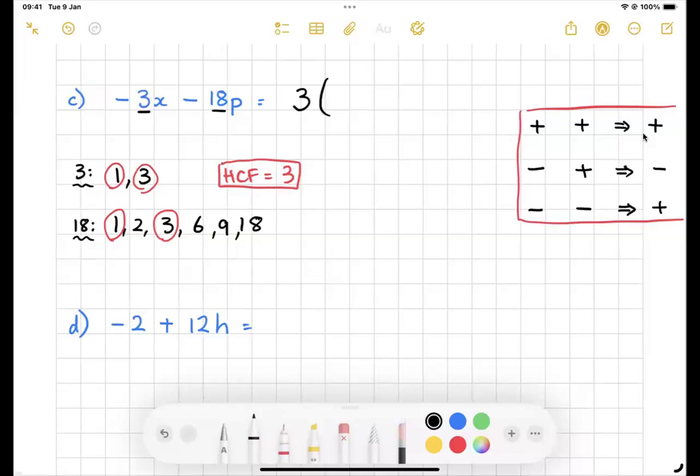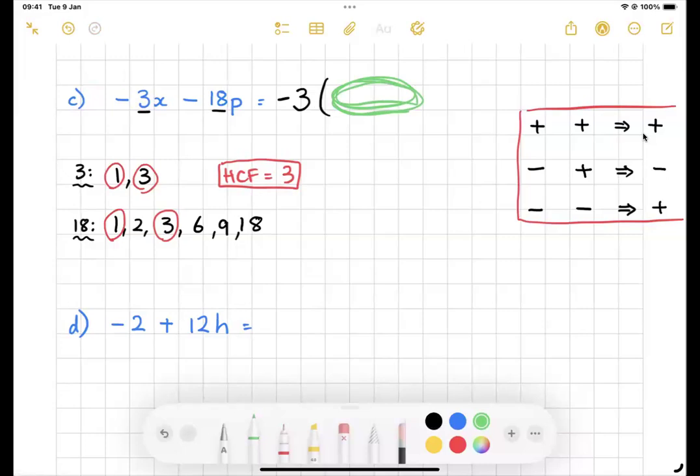Now, before we continue, because we're dealing with a negative, what we're going to do is also put the negative at the front. So now it's not just positive 3, but now it's going to be negative 3. The reason being is because I don't want to make my life complicated with the stuff that's left over inside.